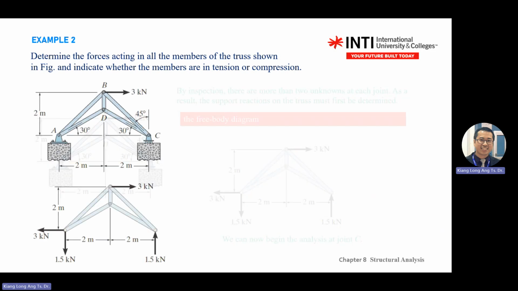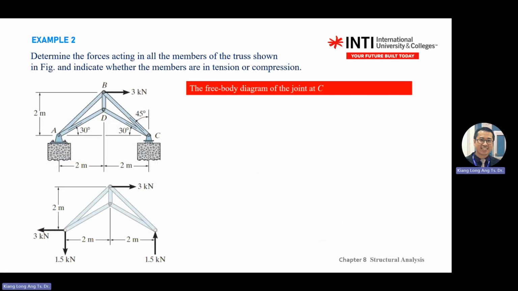Now we choose to pick pin C because it's simpler than A. Again, to use the method of joints, you need 2 unknowns and 1 known value.